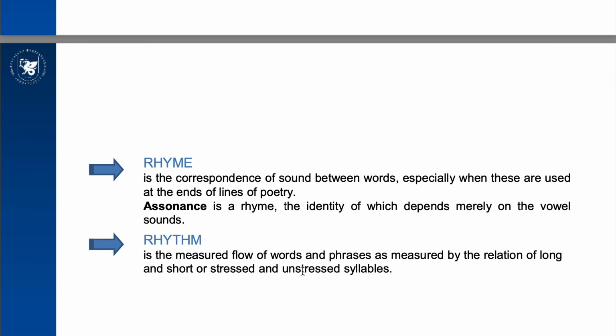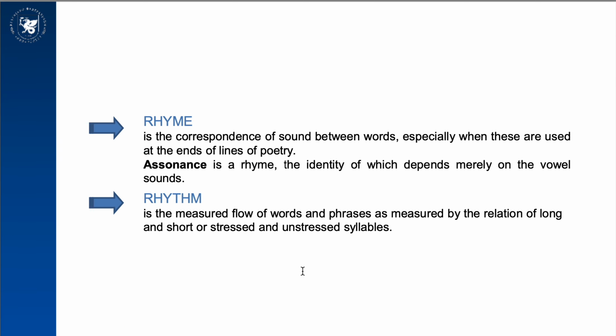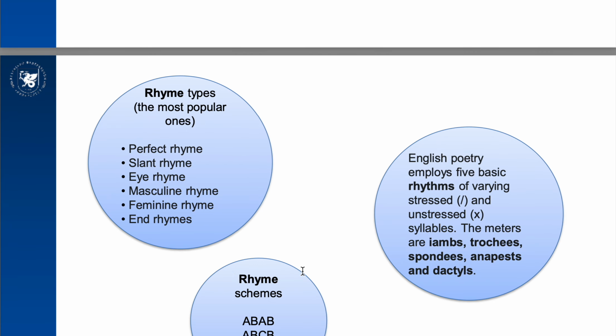Okay. Rhyme and rhythm. Rhyme is the correspondence of sound between words, especially when these are used at the ends of lines of poetry. Assonance is a rhyme, the identity of which depends merely on the vowel sounds. Rhythm is the measured flow of words and phrases as measured by the relation of long and short or stressed and unstressed syllables.